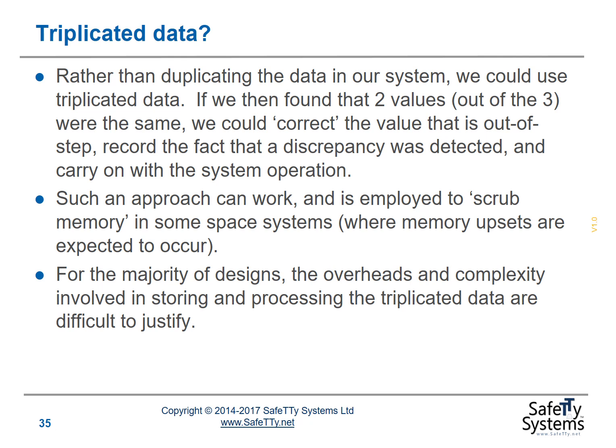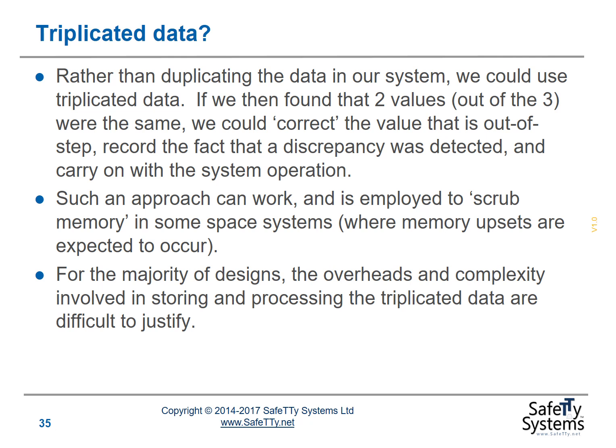If we then find that 2 values out of 3 are the same, we can correct the third value, the value that doesn't match the other two, record the fact that a discrepancy was detected, and carry on with the system operation. Provided we don't get, say, more than 2 discrepancies per hour, we might be happy that the system will continue to operate correctly.